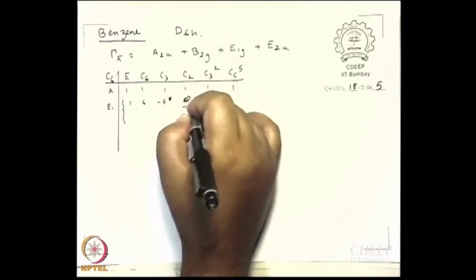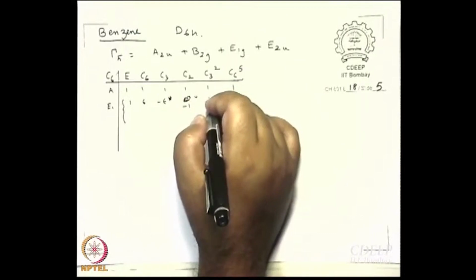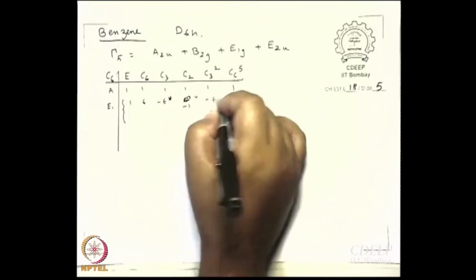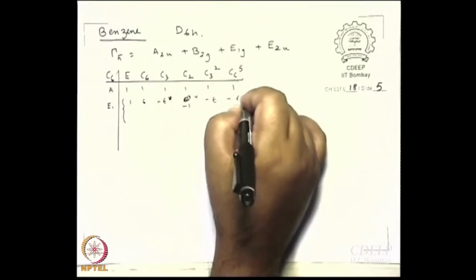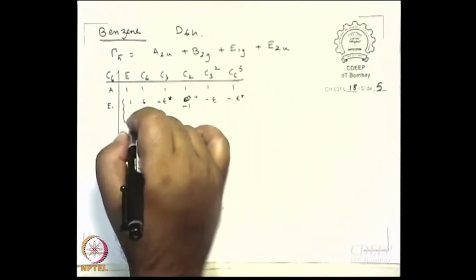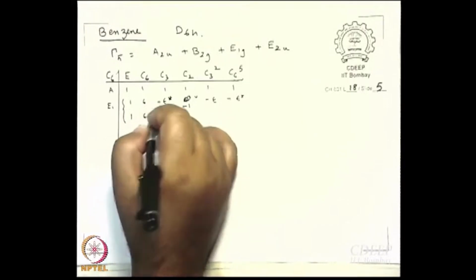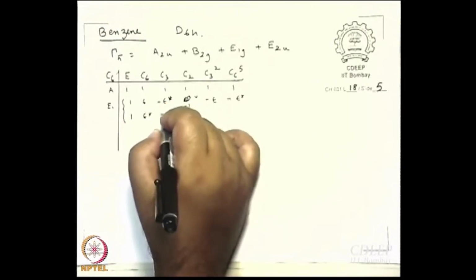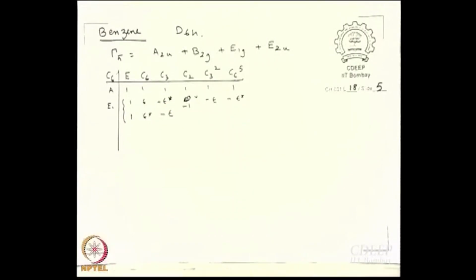This is minus 1, this is why I did not want to do this, minus epsilon star, and this is 1, epsilon star, minus epsilon. What is the relationship between epsilon and epsilon star other than the fact that they are conjugates?